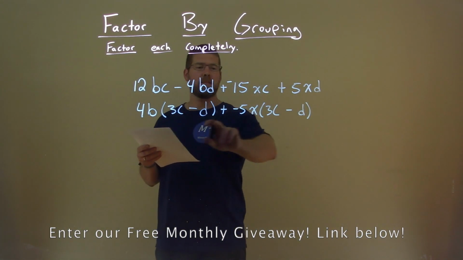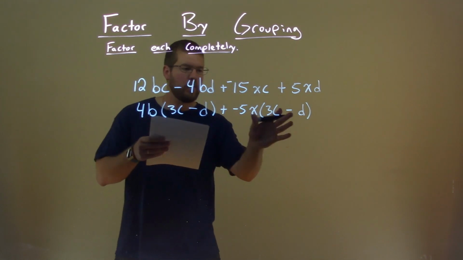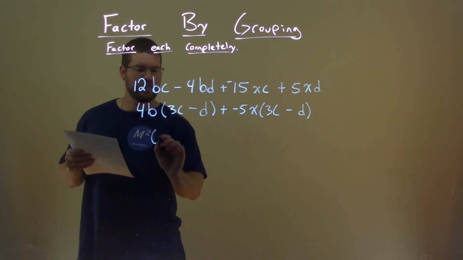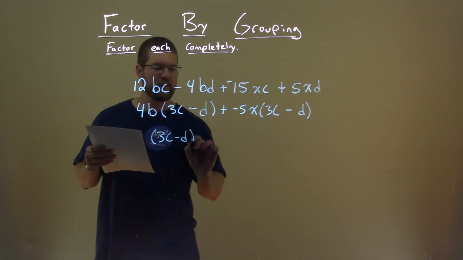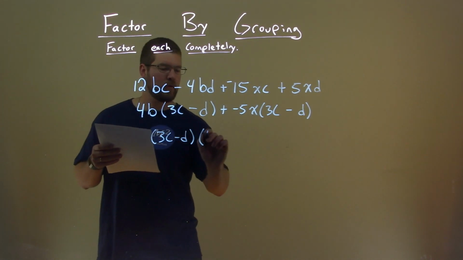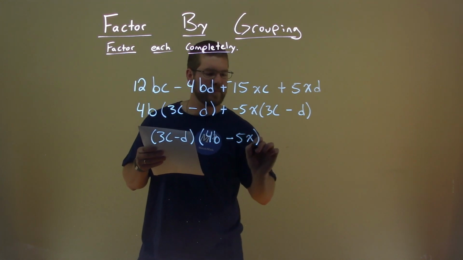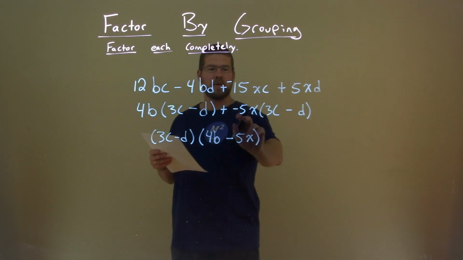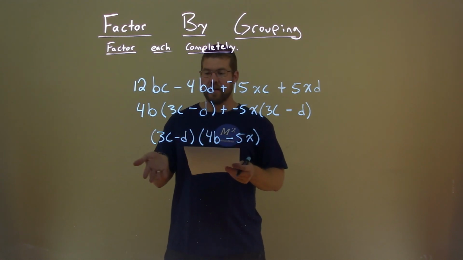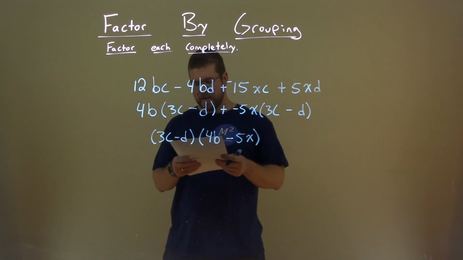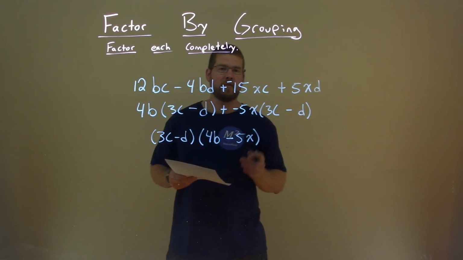Notice we have 3c minus d written twice. We pull that out from both parts, 3c minus d here, and we're left with, bring down this 4b, and then a minus 5x right here. Bring those two down, and now we actually have our final answer, 3c minus d times 4b minus 5x.